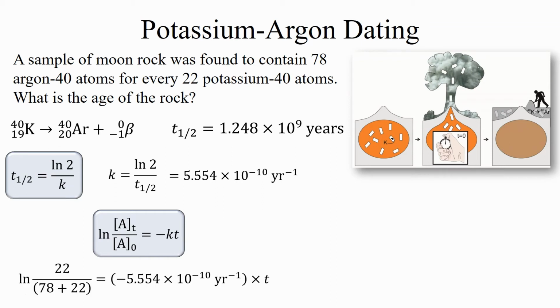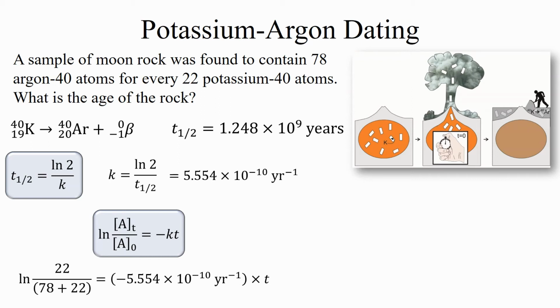So in the beginning, we have however many potassium-40 atoms are present, plus however many argon. Well, there's no argon in the beginning, but those 78 argon-40 atoms must have come from somewhere. They must have come from the potassium-40. So we actually assume we started with 100 potassium-40 atoms.